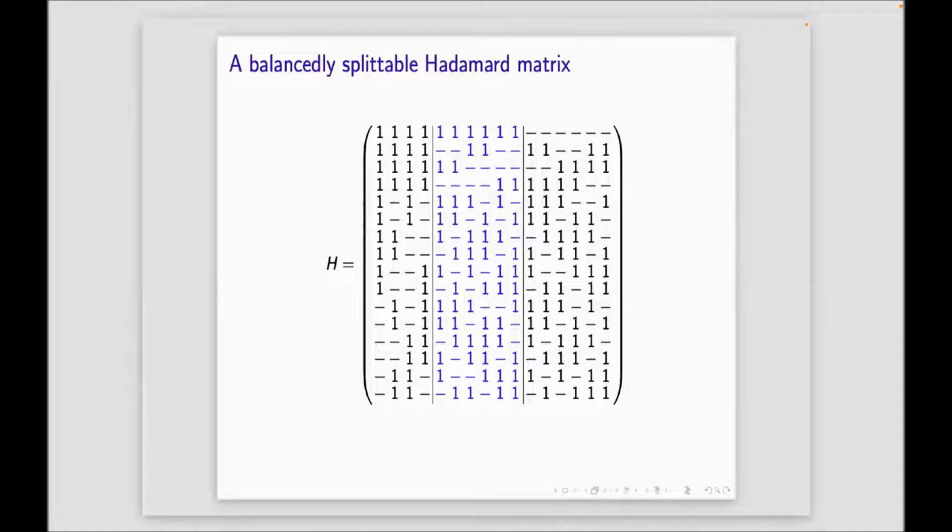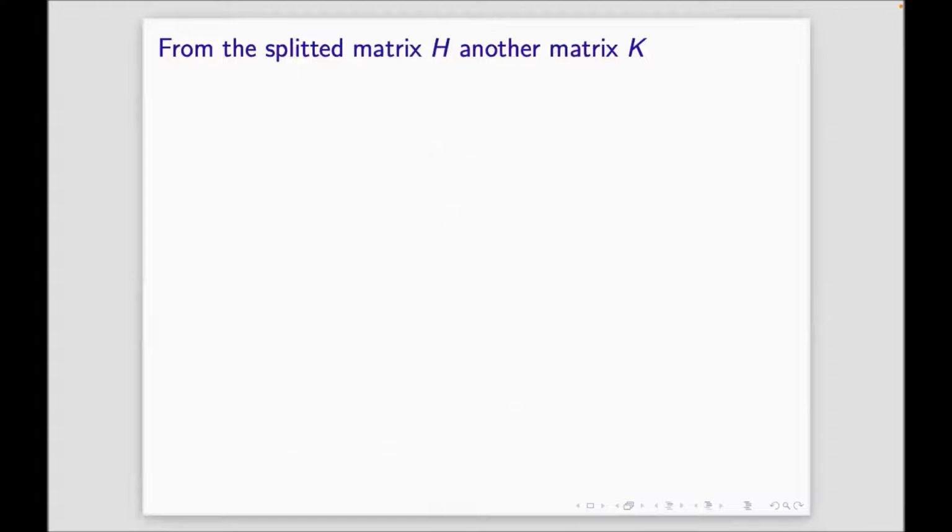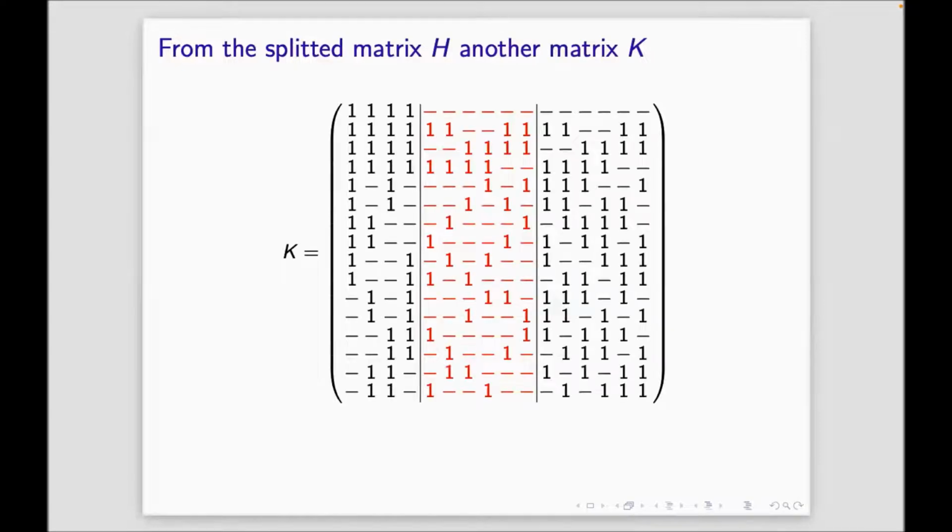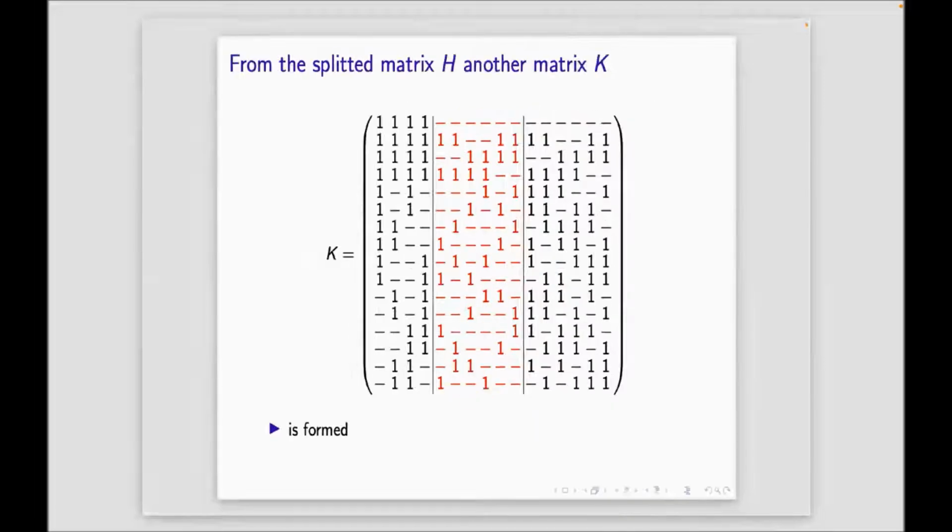We can see the line sections being split. Now I'm going to negate the middle part, and I get something like this. Surprisingly, when we look at these 2 matrices, the previous H and K here, H and K are actually unbiased.